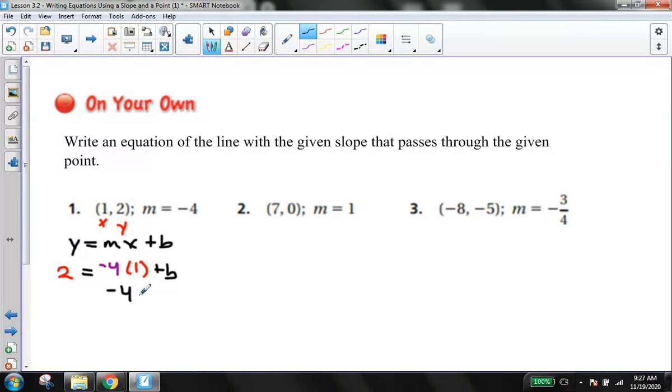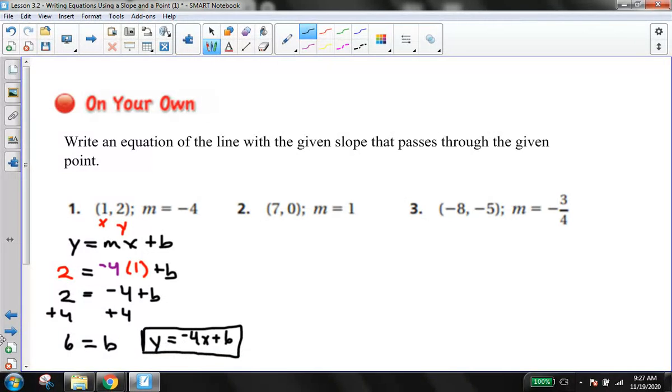So -4 times 1 is -4. We're going to add 4 to both sides. So 2 and 4 give you 6. So your equation would be y equals, our slope was -4, x plus 6. So the correct answer for question number 1 is y equals -4x plus 6.